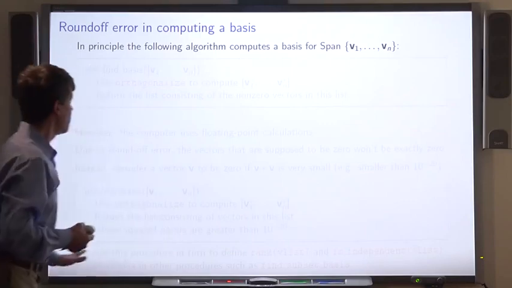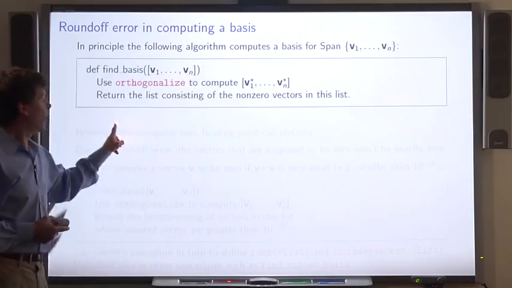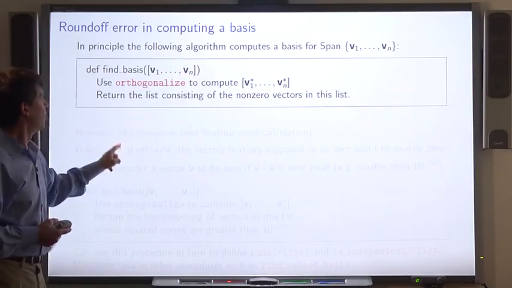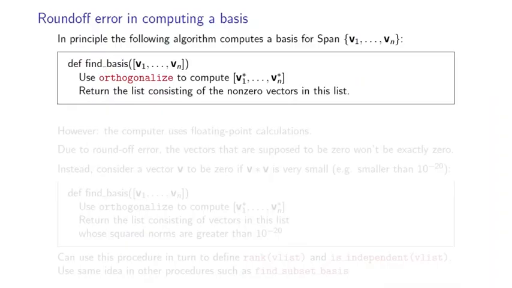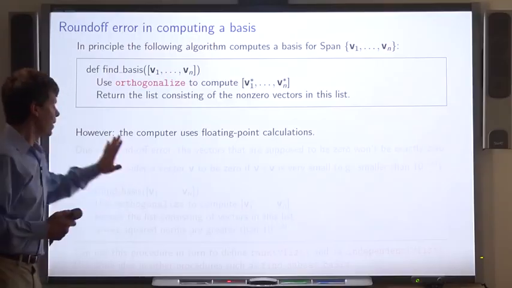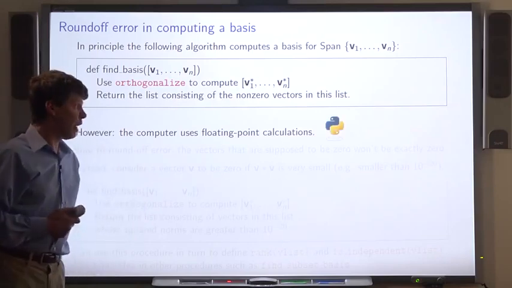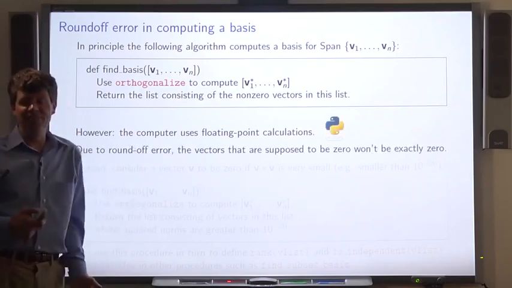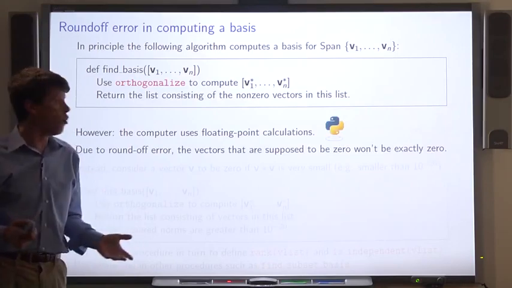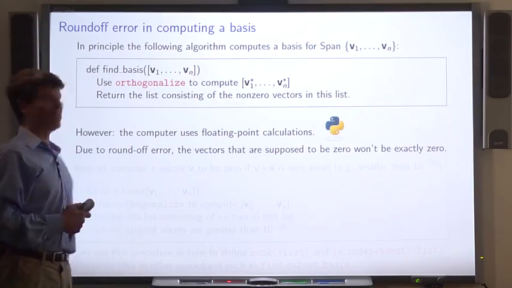Now, in principle, we said this algorithm finds a basis for the space spanned by v1 through vn. We use orthogonalize to compute v1 star through vn star, and then return the list consisting just of the non-zero vectors. However, the computer uses floating point numbers. And due to round-off error, vectors that are supposed to be 0 won't end up being exactly 0.